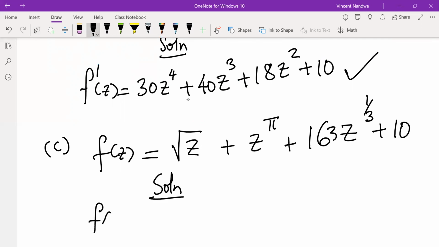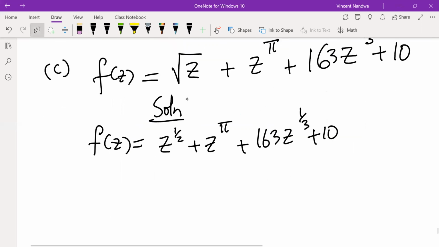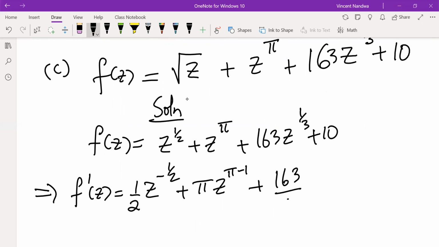So f of z in this case can be written as, remember, square root is the same as raised to power half, so z power half plus z power pi plus 163 z power third plus 10. So this means that the derivative is a half z power minus a half plus pi z raised to power pi minus 1 plus 163 times a third z raised to power negative 2 over 3 as the solution.